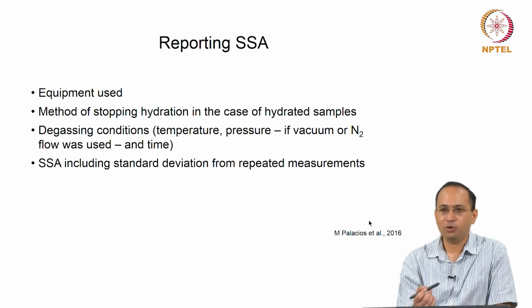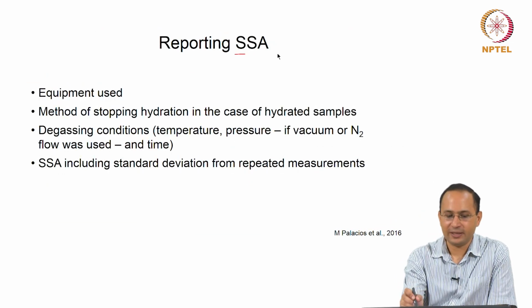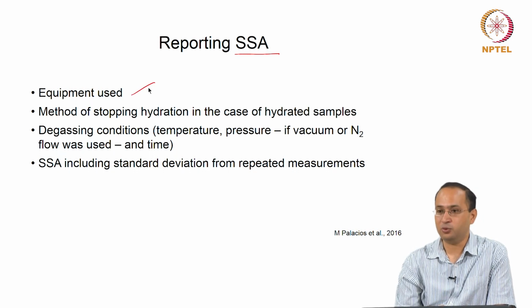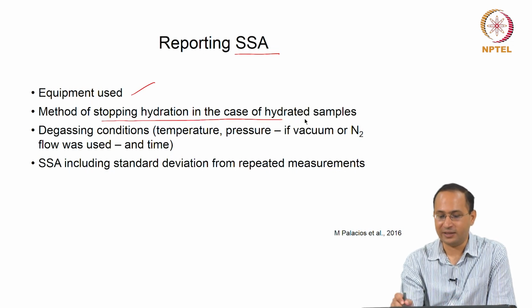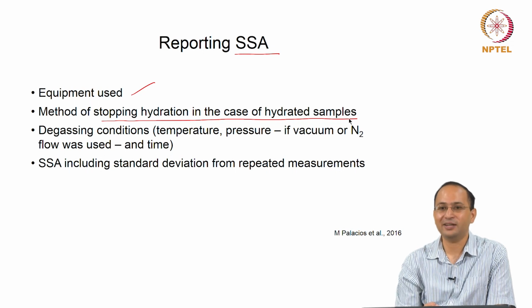So, typically how do we report specific surface area? We report the equipment used, very important. When you do work, you have to report which instrument you used. It is also very important to mention the method used to stop hydration, because that is going to have an impact on your measurements.